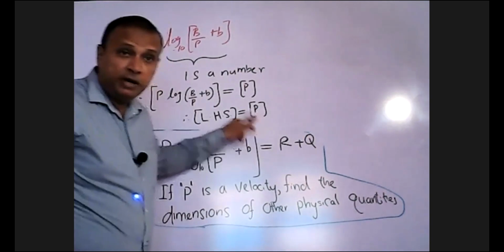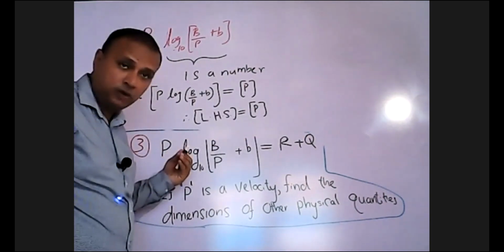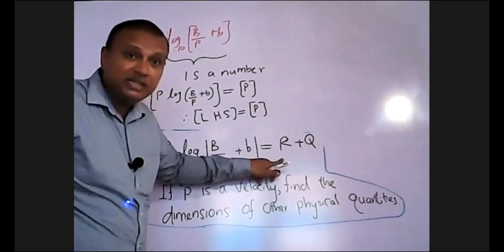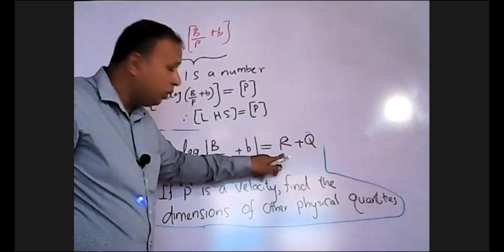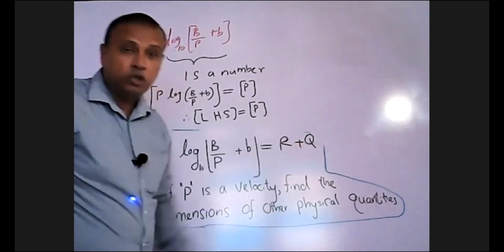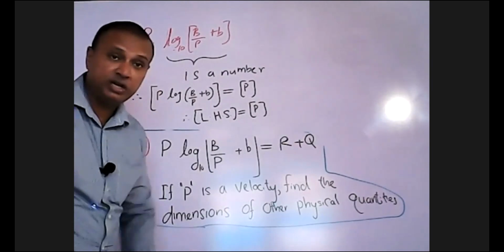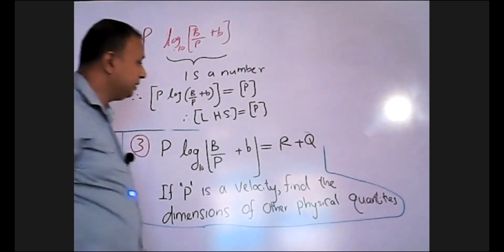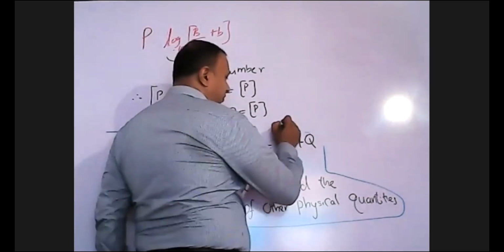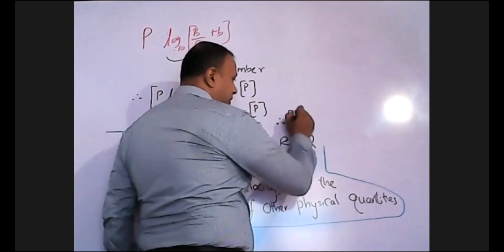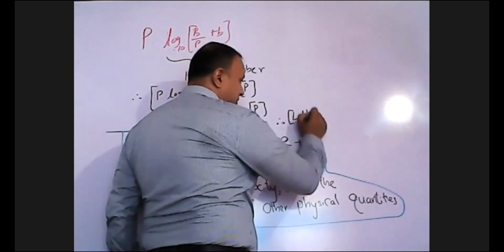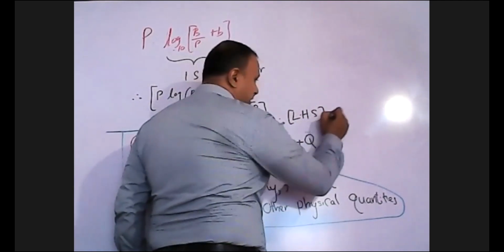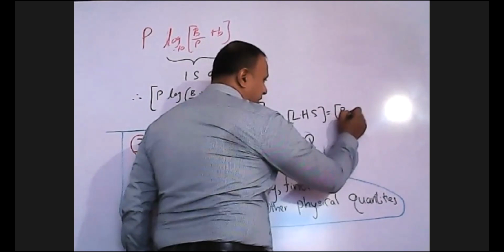According to this argument, LHS is a velocity, then RHS should be a velocity. So R plus Q should have the same dimension, which is the dimension of velocity. So the dimension of LHS should be equal to the dimension of RHS.